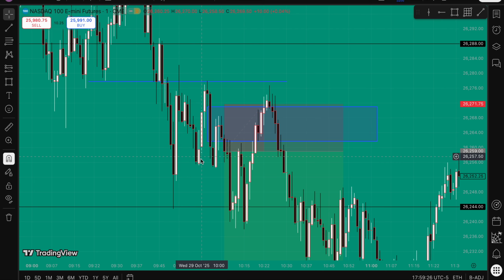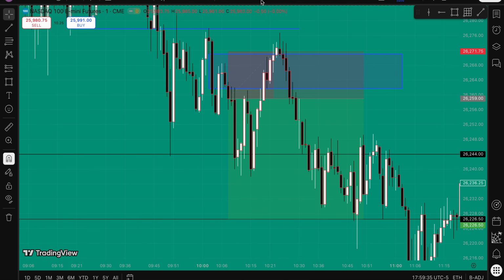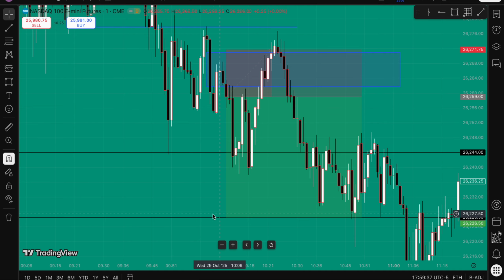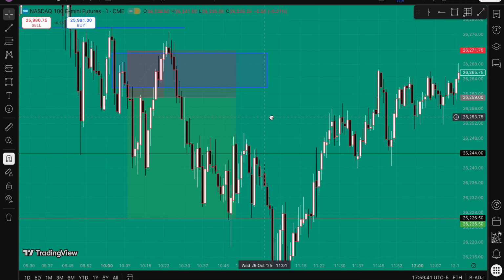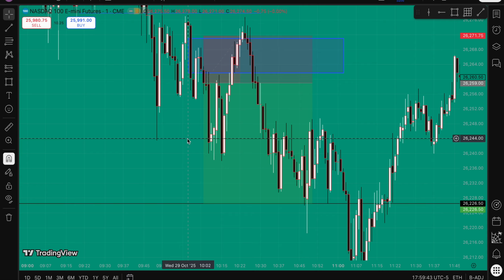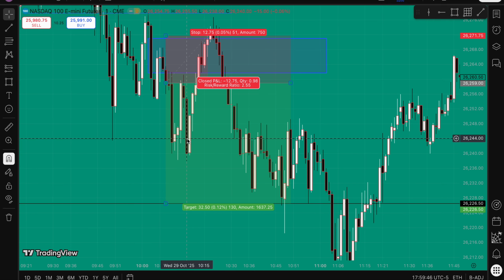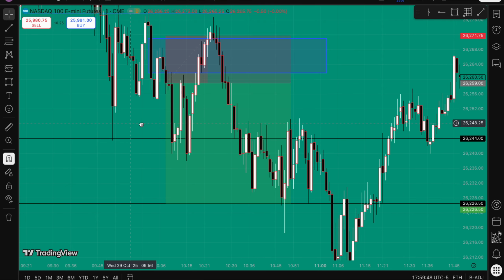Coming up into this, we respected this fair value gap, and boom, I placed my trade right there off the fair value gap. I was targeting the Asian session lows, so it was a good draw on liquidity.